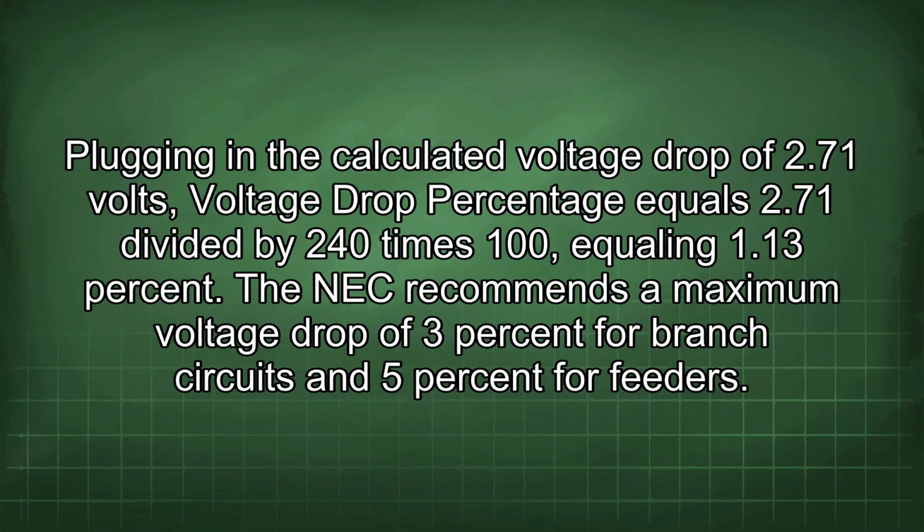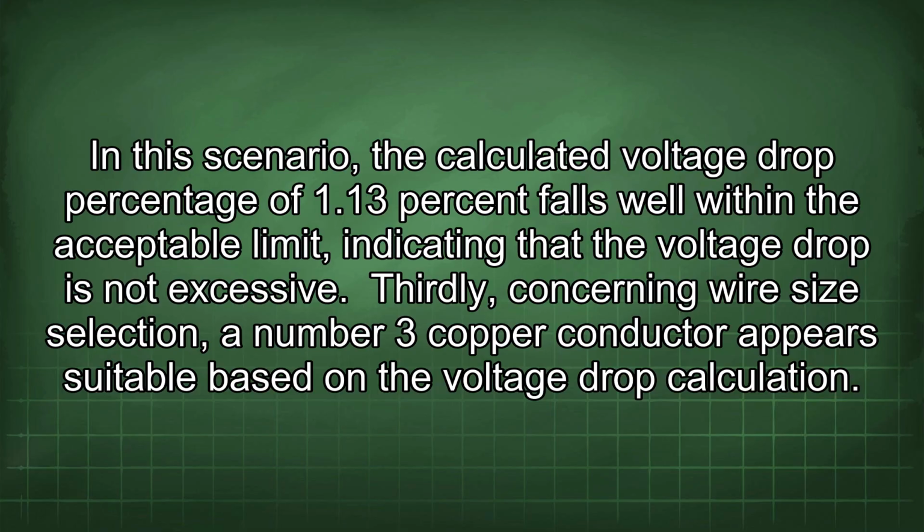Plugging in the calculated voltage drop of 2.71 volts, voltage drop percentage equals 2.71 divided by 240 times 100, equaling 1.13%. The NEC recommends a maximum voltage drop of 3% for branch circuits and 5% for feeders. In this scenario, the calculated voltage drop percentage of 1.13% falls well within the acceptable limit, indicating that the voltage drop is not excessive.